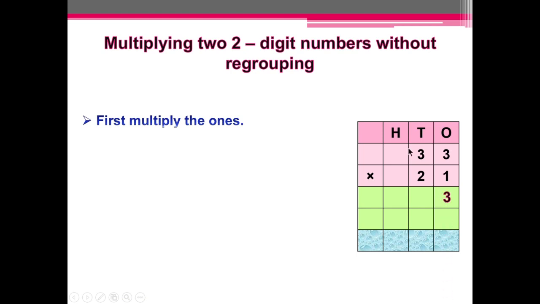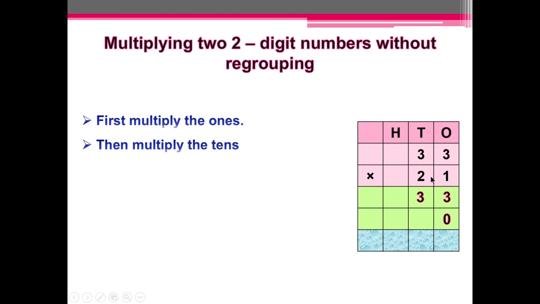Now, 3 multiplied by 1 is equal to, again, 3. Then, multiply the tens. As you all know, in two-digit number multiplication, we have a two-digit multiplicand and a two-digit multiplier. Here, we are talking about the tens of the multiplier. As we all know, in tens, 0 comes at the ones place. So, we'll first put 0 over here.